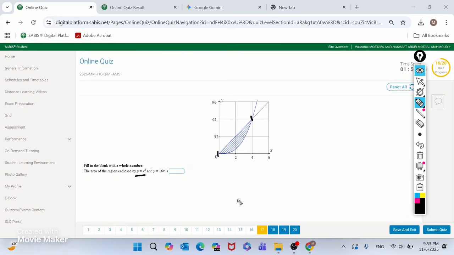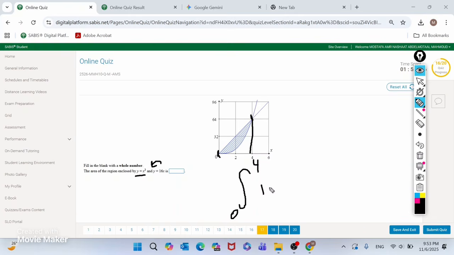So you're gonna do the integral from 0 to 4. This is 4 and this is 0. It's usually the one up minus the one down, so you can get the area between them.